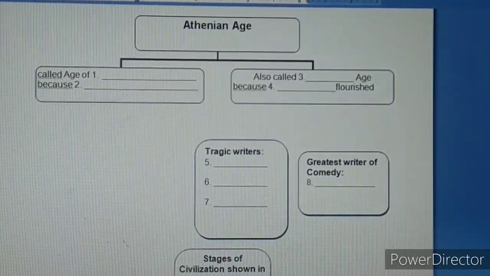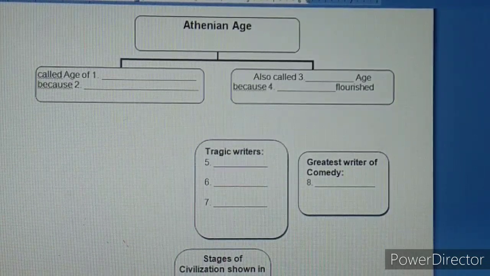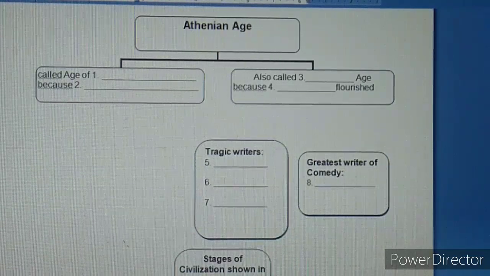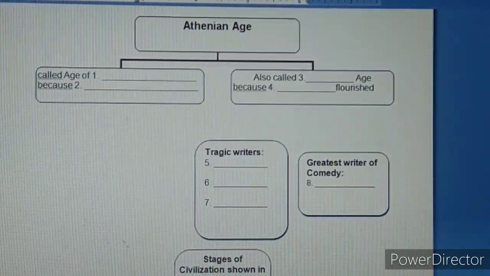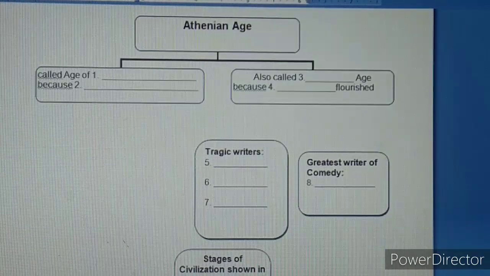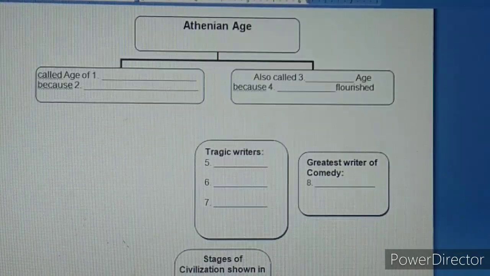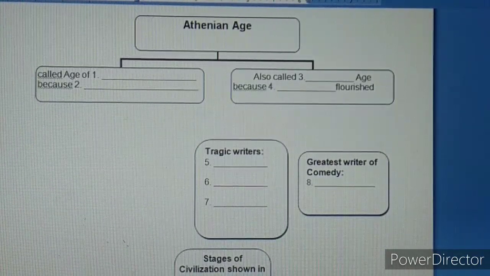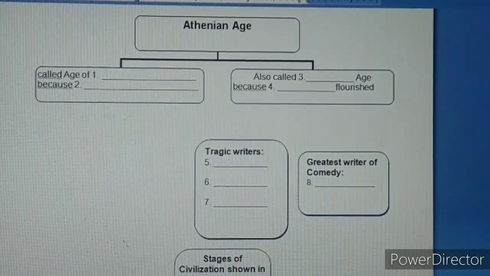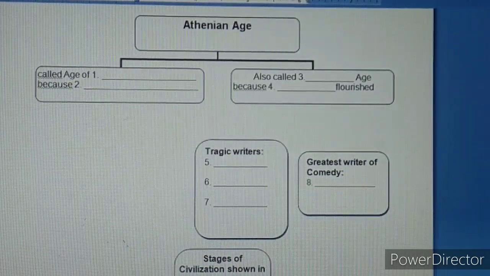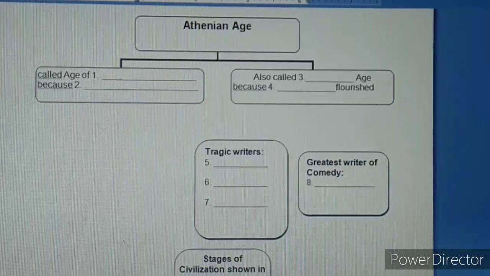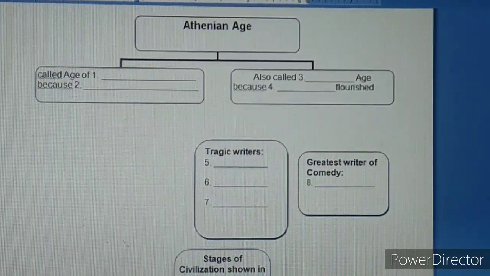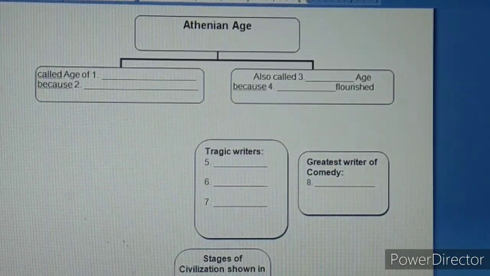I will give you the correct answers for this task. Number 1, Pericles. Number 2, Pericles was the ruling power of Athens. Number 3, Golden Age. Number 4, drama.